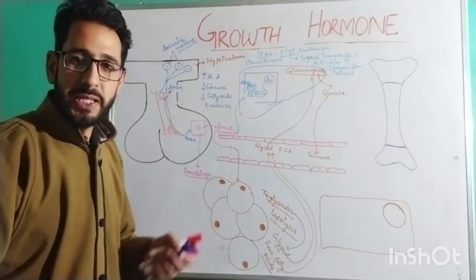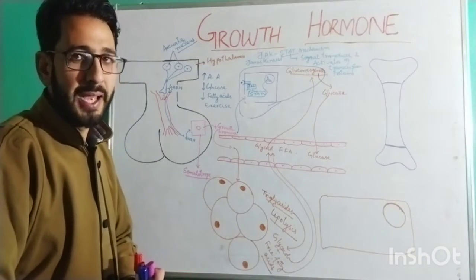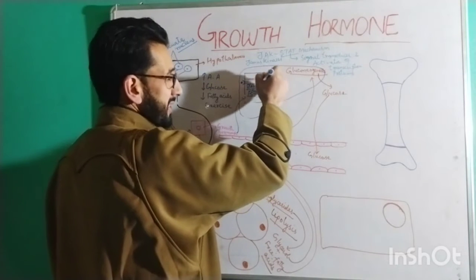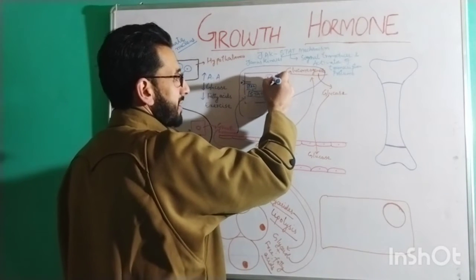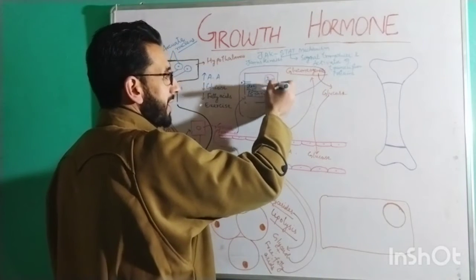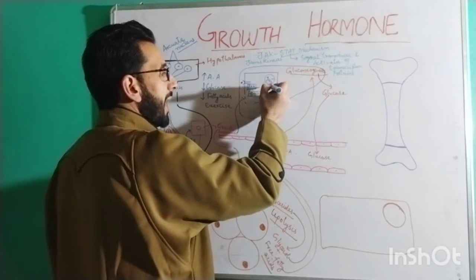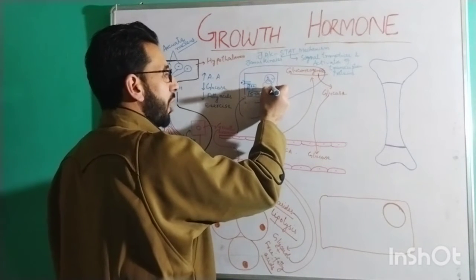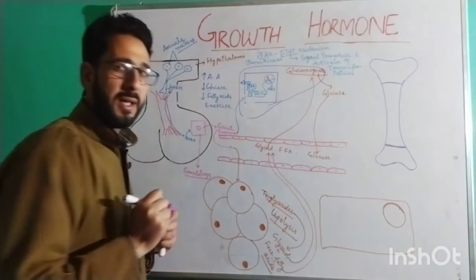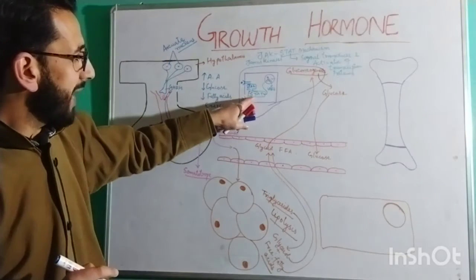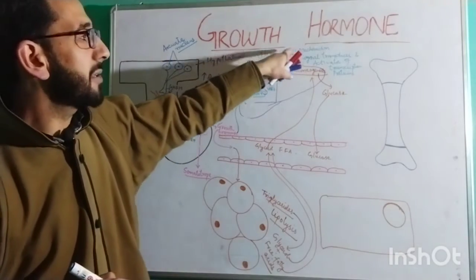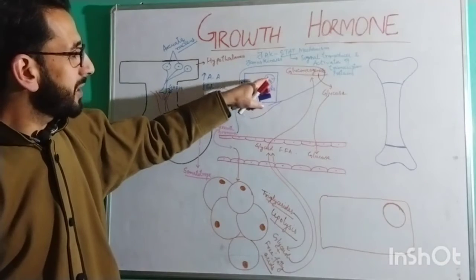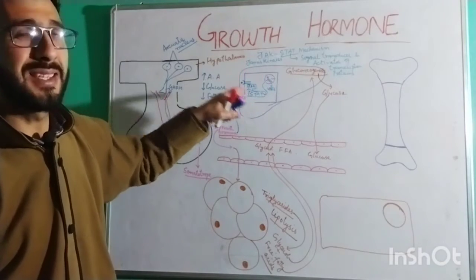And it initiates a process of transcription there. Once that transcription is done, there is the formation of mRNA. That mRNA comes out, and there is the process of translation, and there is a formation of protein. Now what this JAK-STAT mechanism is eventually doing is initiating the process of protein synthesis.